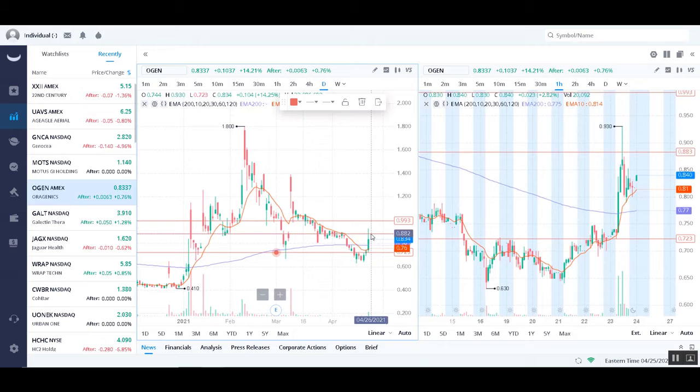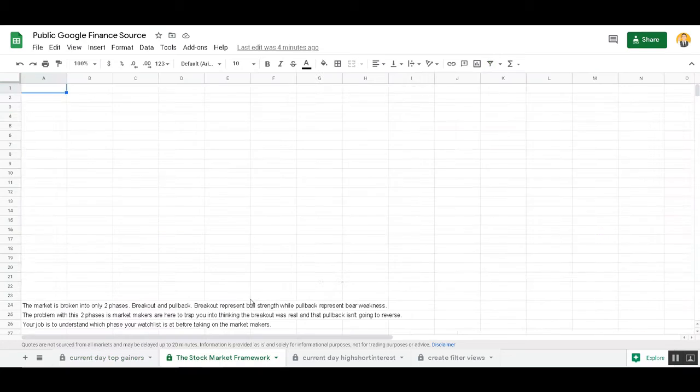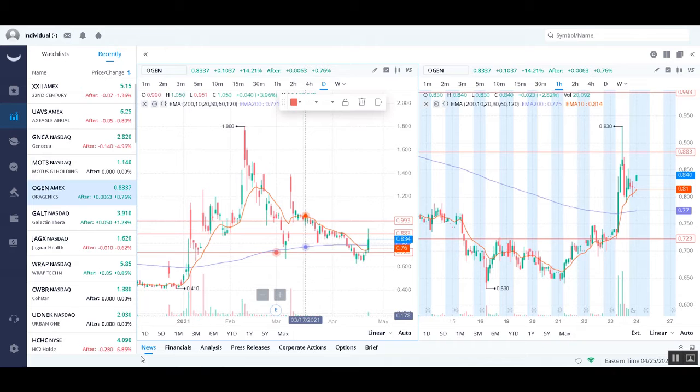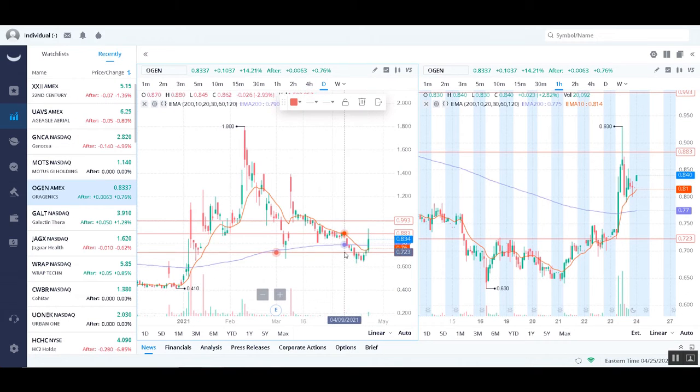So what will happen if it doesn't break the second resistance tomorrow? Well, I expect a mini pullback all the way here, as shown in this example. See, it breaks and it pulls back, or it continues like here and does a mini pullback. Okay, so clearly this is a swing trade or a bullish trend about to start.